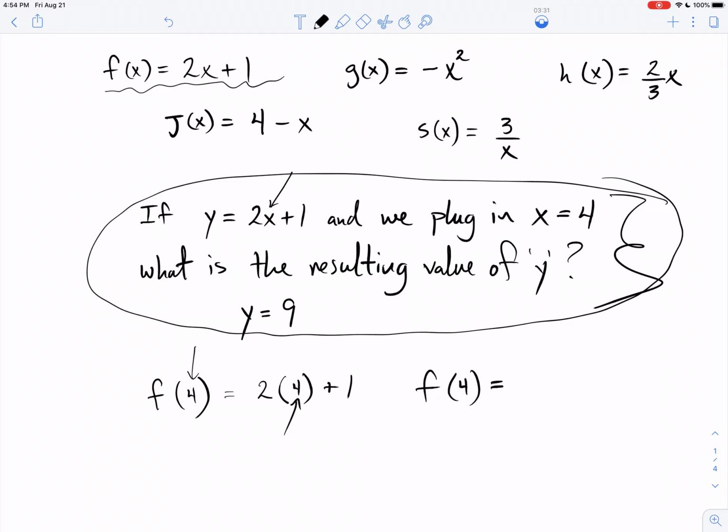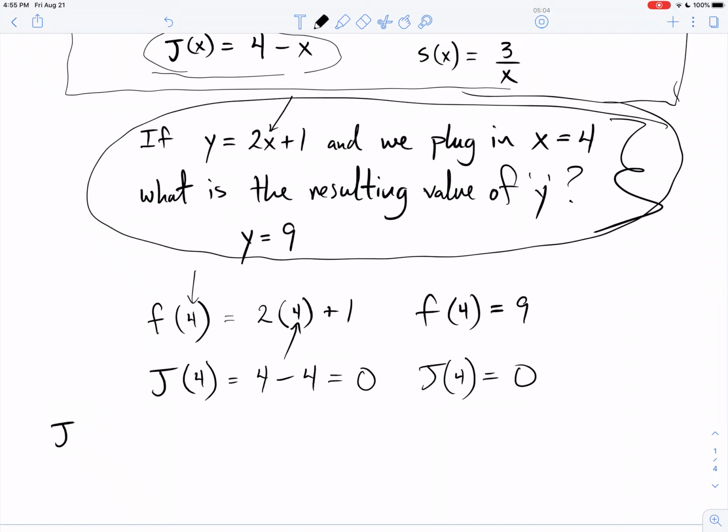So here we go. I'm going to do just a couple more shorties. Since I have j right there, I'm going to use j, and I'm going to say, what is j of x plus 7? Well, that means wherever there's an x in j, I'm going to plug in x plus 7.